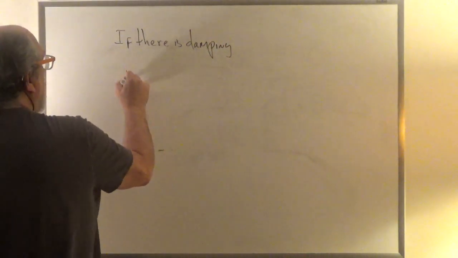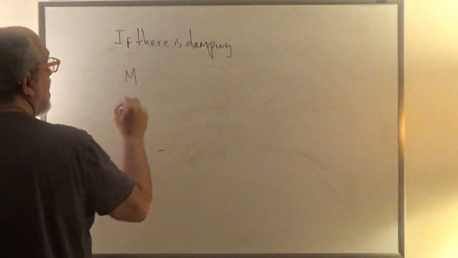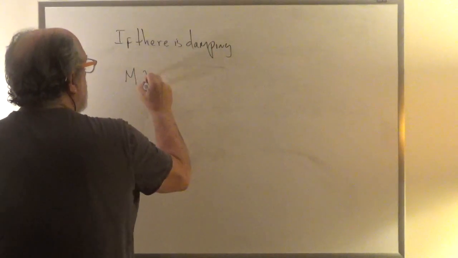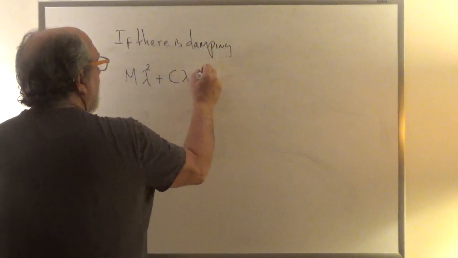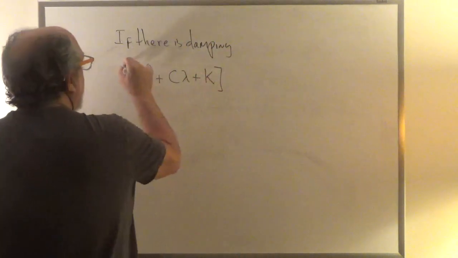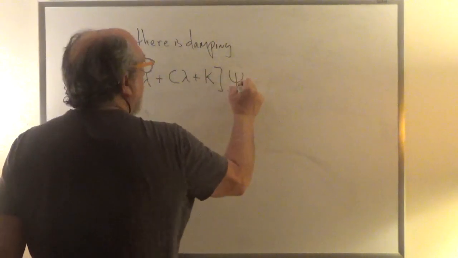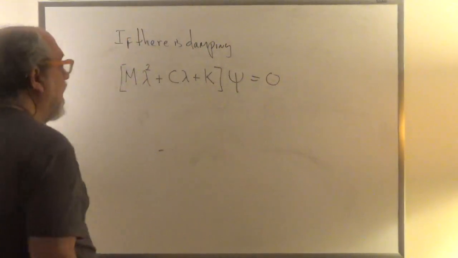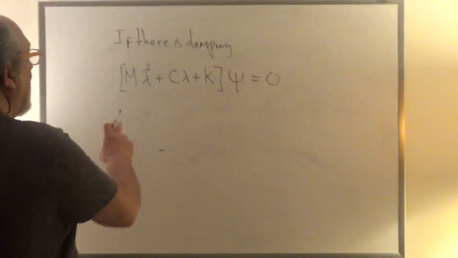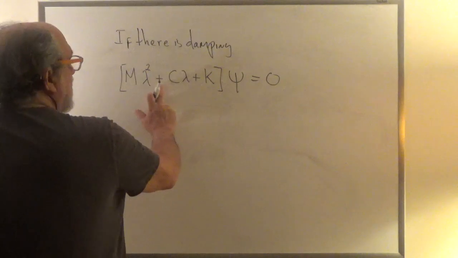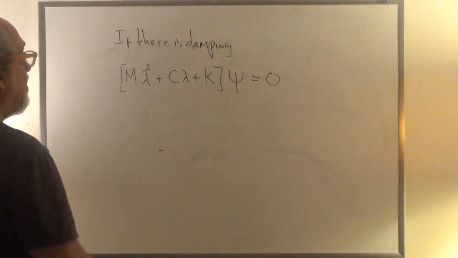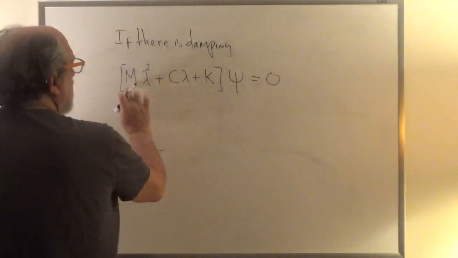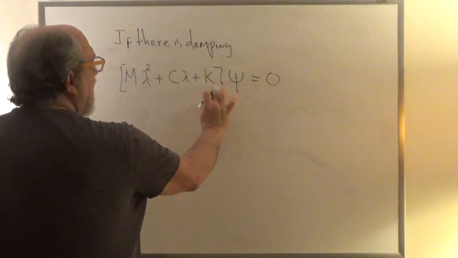The equation that you have to solve to get the modes is this: M times lambda squared plus the damping times lambda plus K, times phi, is equal to 0. Now, if the damping is 0, this would be m times lambda squared plus k times phi.